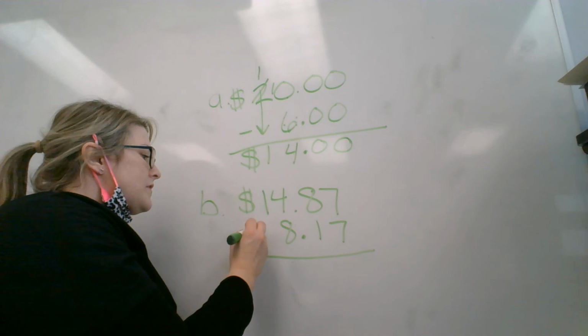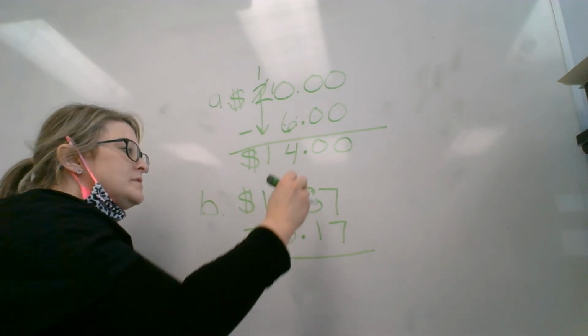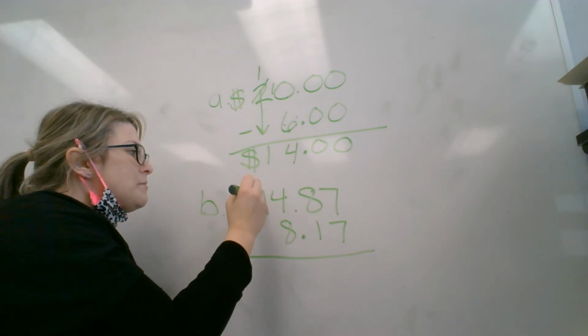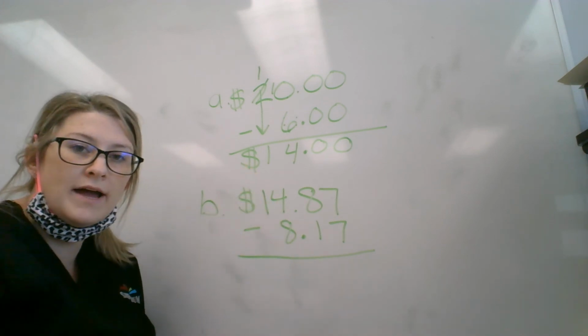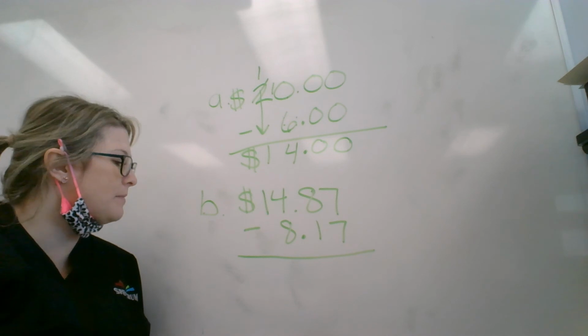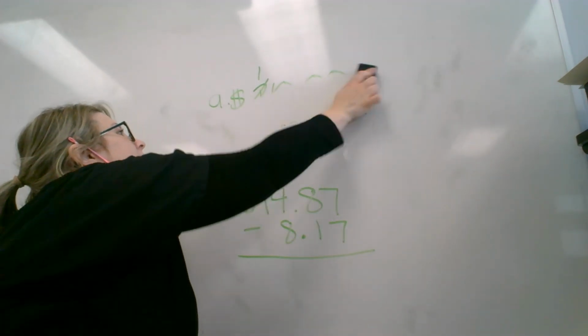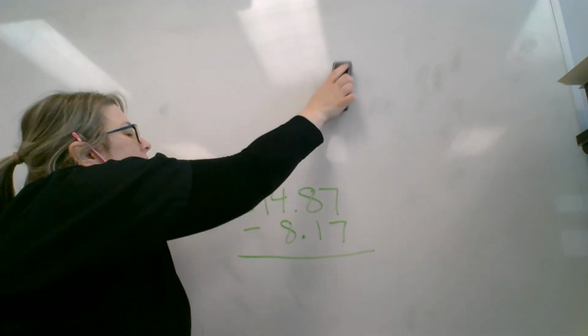So you're going to solve this. It's a subtraction problem. Solve the cents. Make sure you have the decimal. Over here, you're going to have to borrow. Okay? So go ahead and try your best on that one. Go ahead and erase A so I can write C above it.